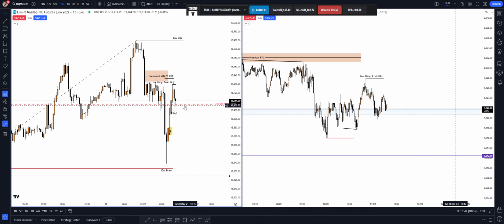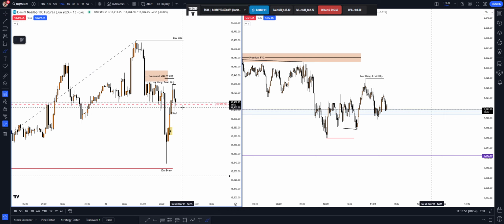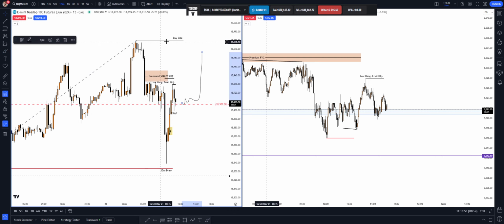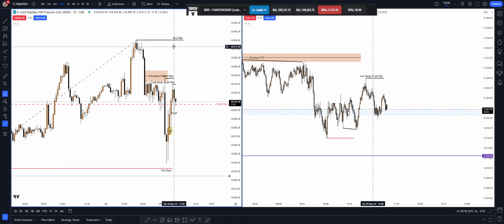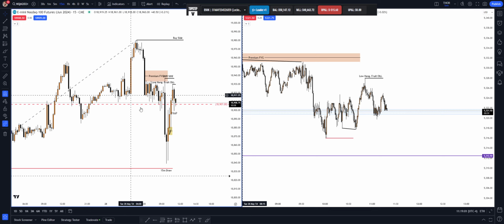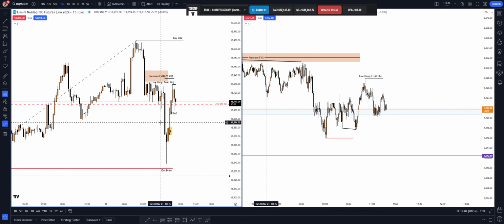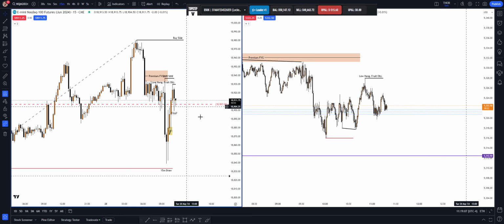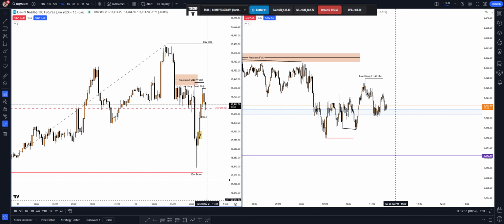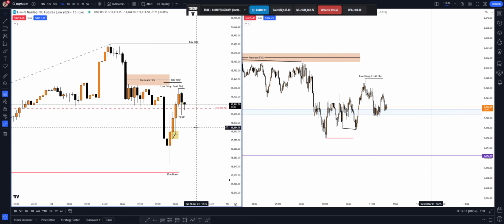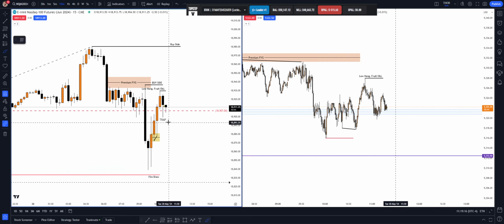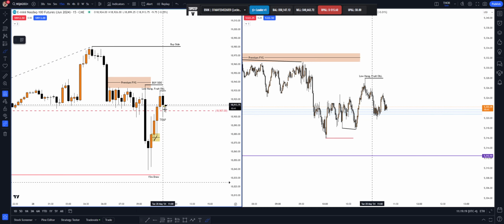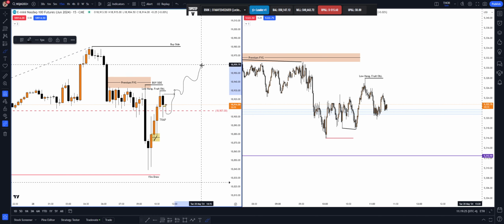So as long as it respects this level, the red dashed line, I think we are overall looking for the buy side delivery at 5 a.m. Not saying it'll go up there today, but overall it has potential to go there. Right now, the way I'm seeing this price action on the 15 minute, it is just forming a new order block. That's it. Once it's completed, it's going to trade above the down close candles, and that becomes the new order block in the order flow for the buy side for 5 a.m.